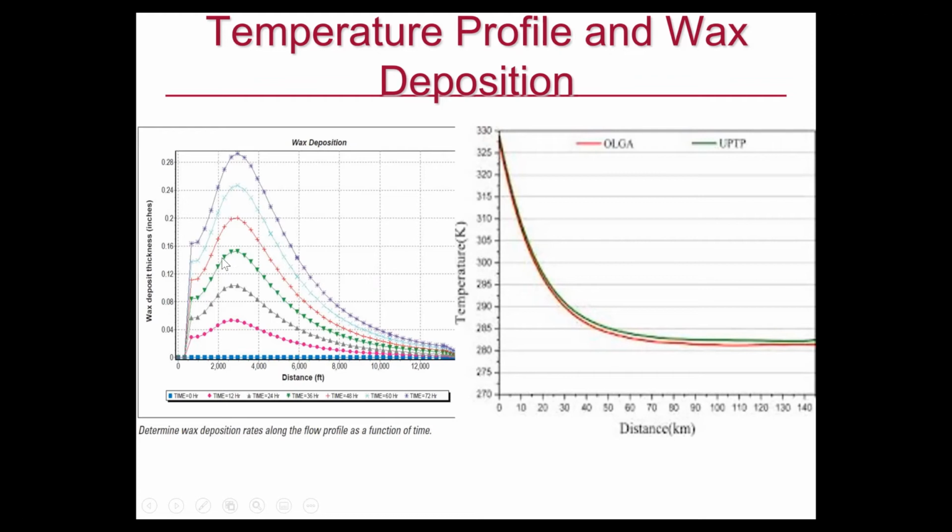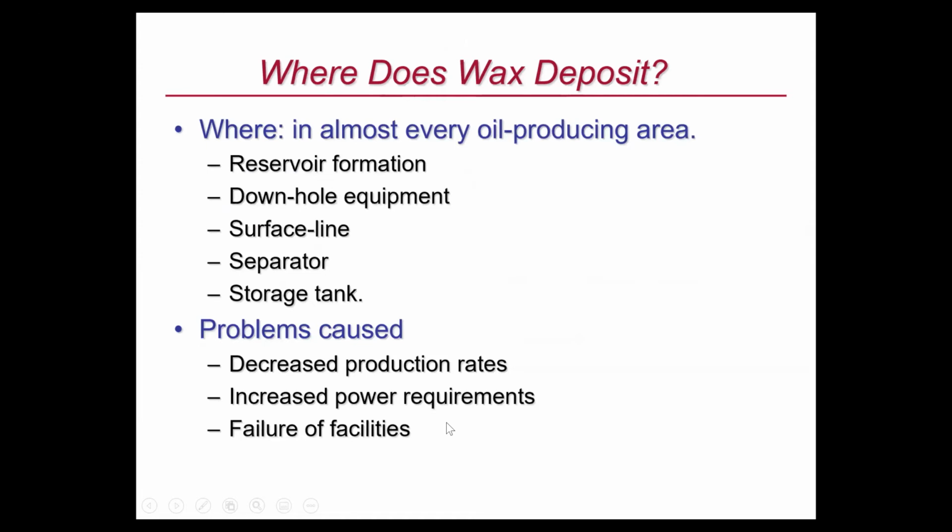That is a point where maximum wax deposition happens. And then when the temperature reaches ambient temperature, there is no wax deposition. Is that clear for you? Yes, sir. Okay.